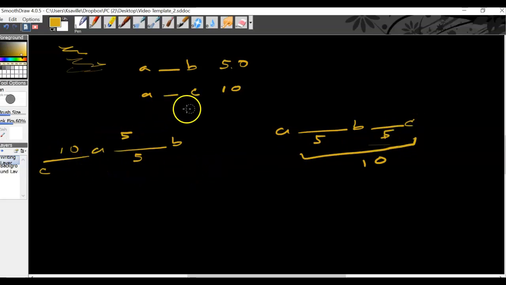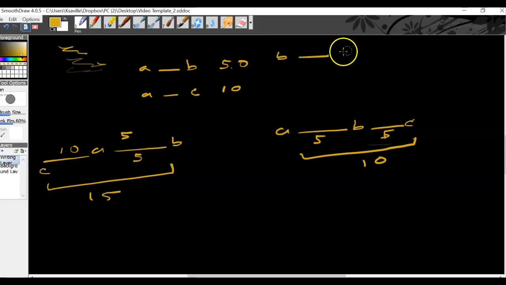But all we know about C is that it's 10 away, but we don't know if it's 10 to the right or 10 to the left, so it could be 10 to the left. If C is to the left, then C and B is going to be 15. So we have to do another cross and map the distance between B and C and see what we get.